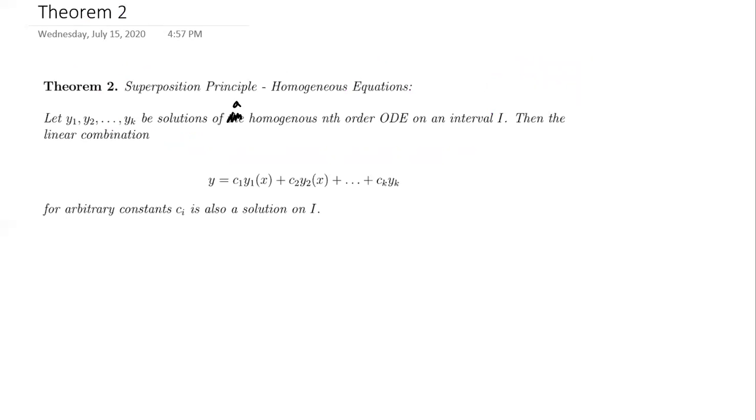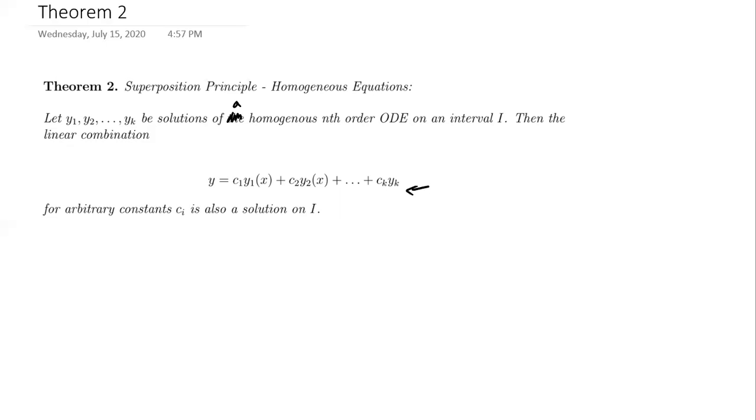The last thing we saw was the superposition principle for homogeneous differential equations, which I said was kind of crazy because intuitively there's no reason why it works. Given any number of solutions for a homogeneous differential equation on some interval I, any linear combination, meaning a sum of the functions with arbitrary constants in front of them, is also a solution.